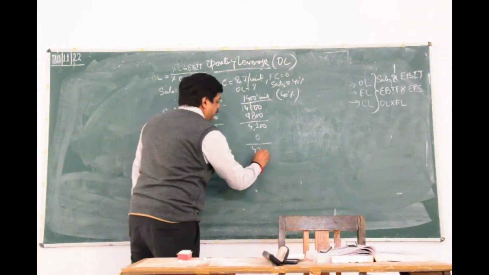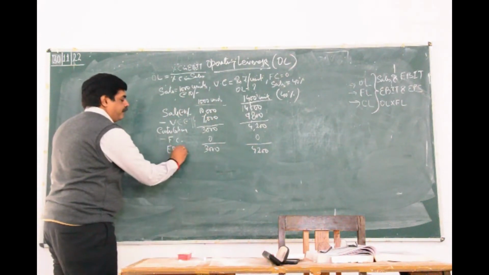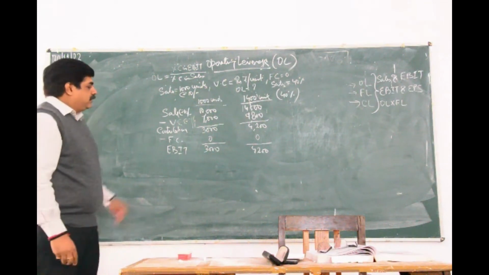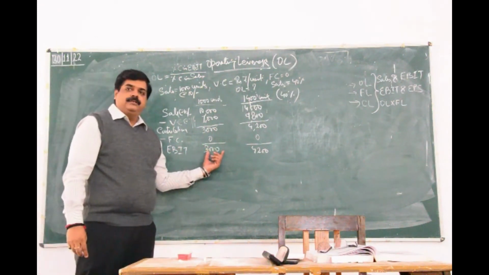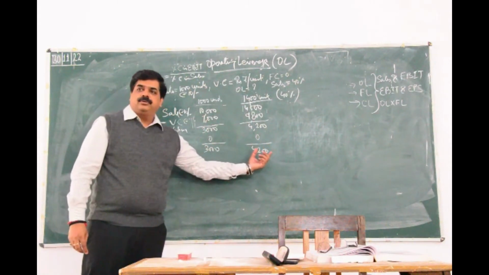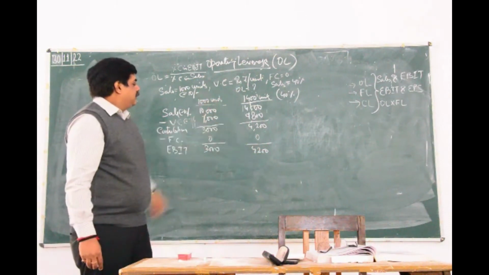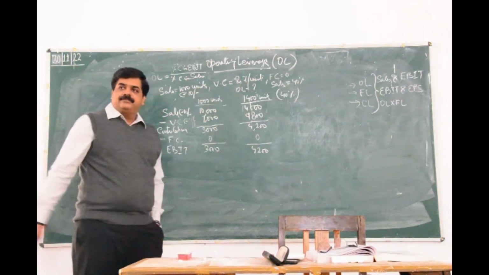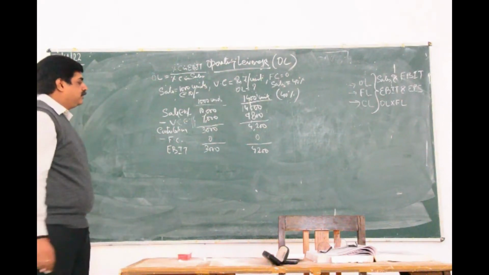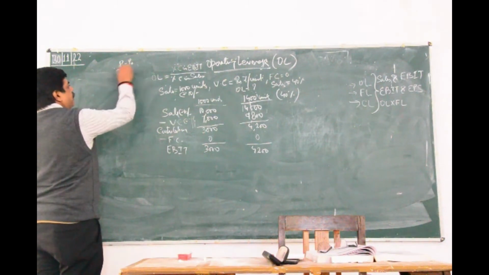and 4,200. And this is your earning before interest and taxes. From 3,000, earning increased to 4,200. What is the percentage increase? Those who are not aware, it is P1 minus P0 upon P0.